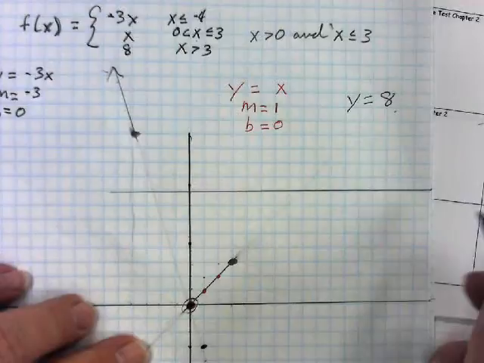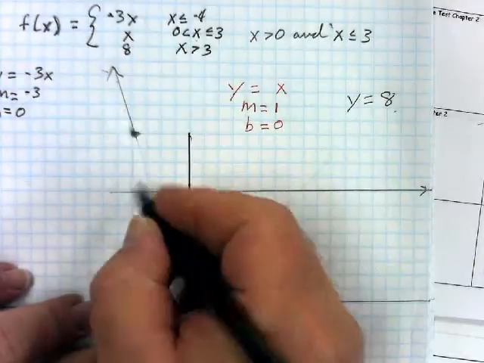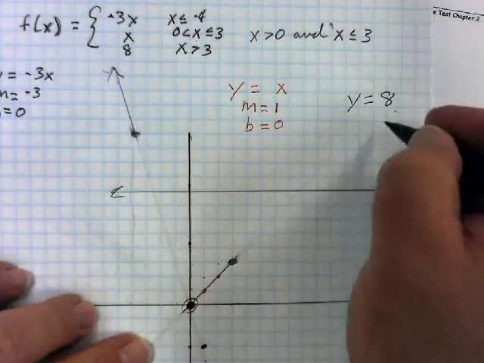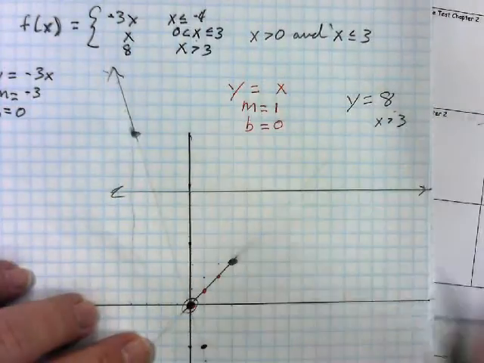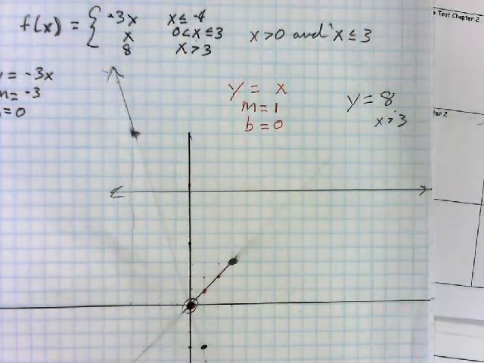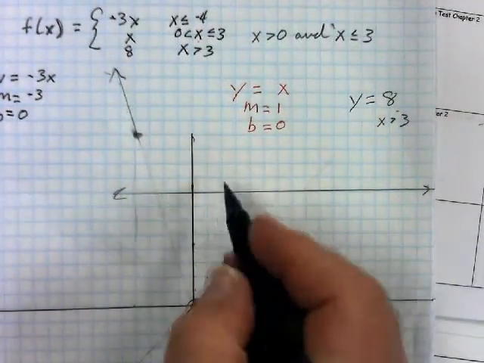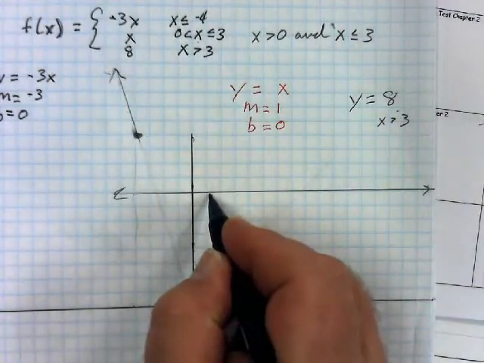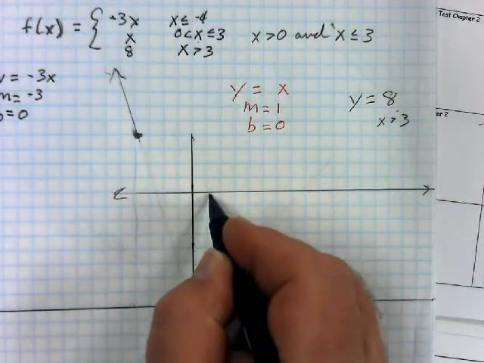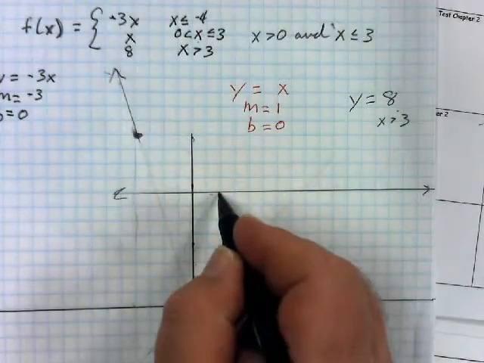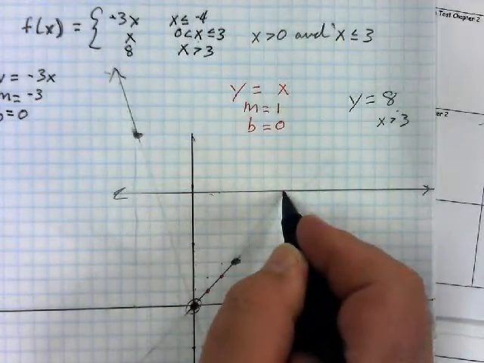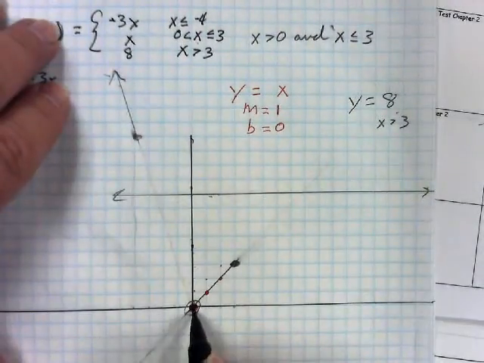What are its restrictions? The x value has to be greater than 3. So right here, if I pick this point, is that x value greater than 3? How about here? How about here? Okay, so I come down here to where x is 3, go right straight up to that graph.